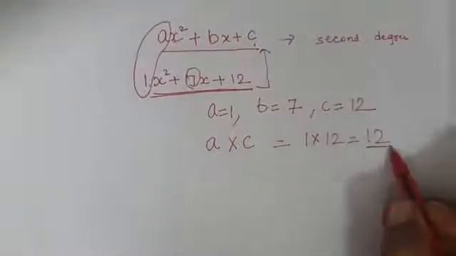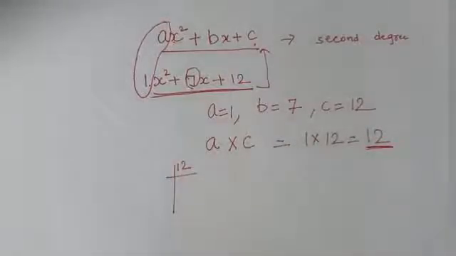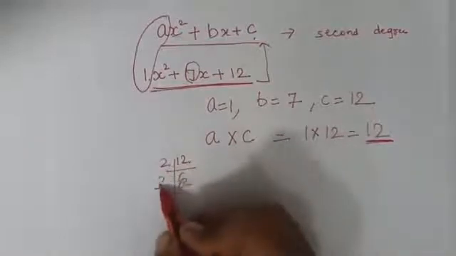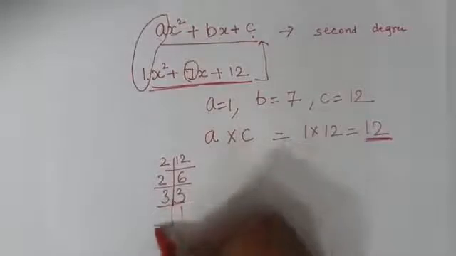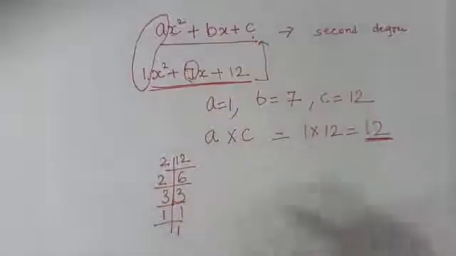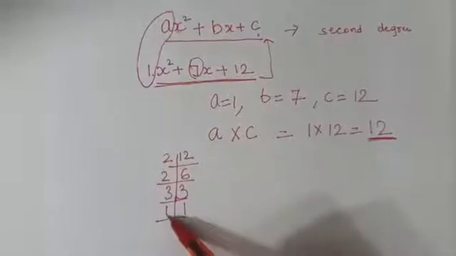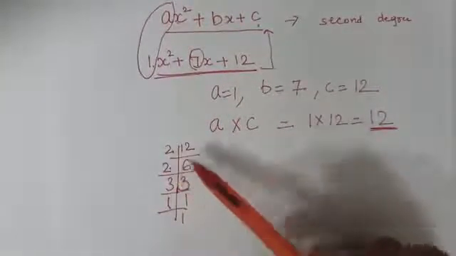You get 12 on multiplication. So, find the factors of 12 first. That is 2, 6, 2, 3, 3, 1, then 1. Now, 2 into 2, 4.